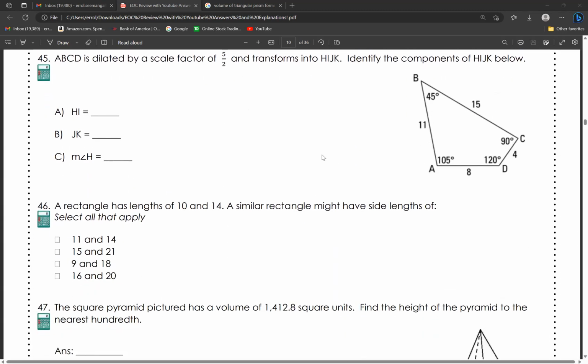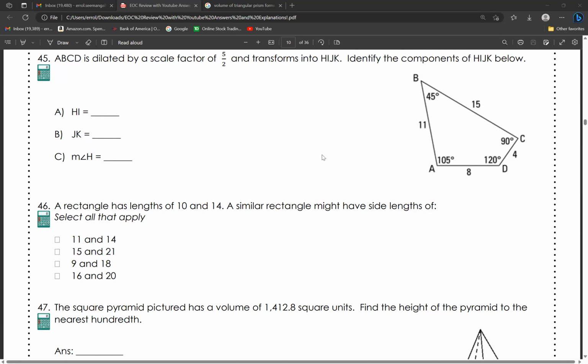45. ABC is dilated by a scale factor of 2.5 and transforms into HIJK. Identify the components of HIJK. HI is that, JK is that, angle M is M, measure of angle H is that. Where's HI?